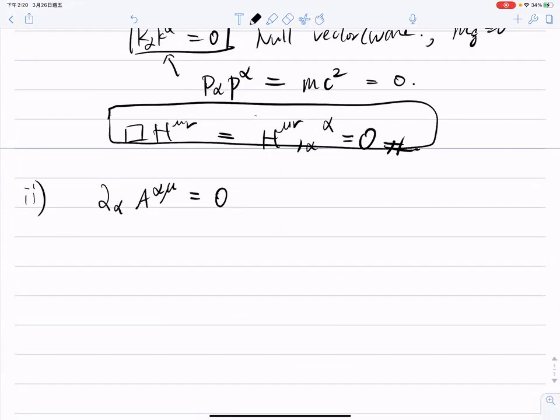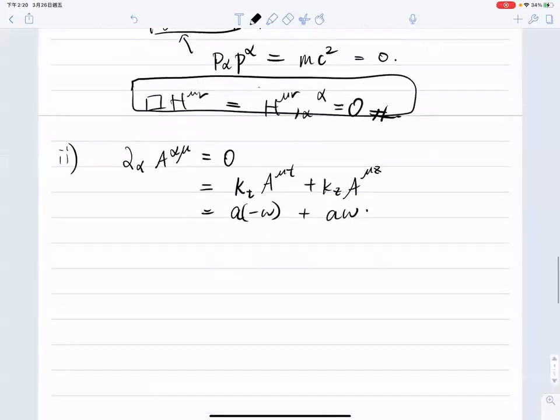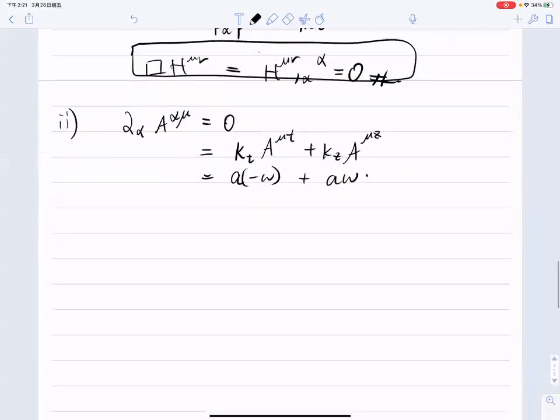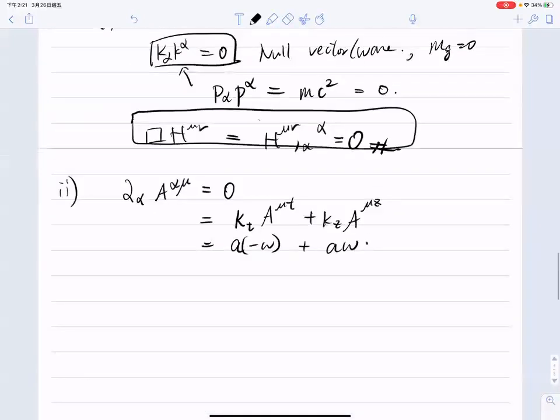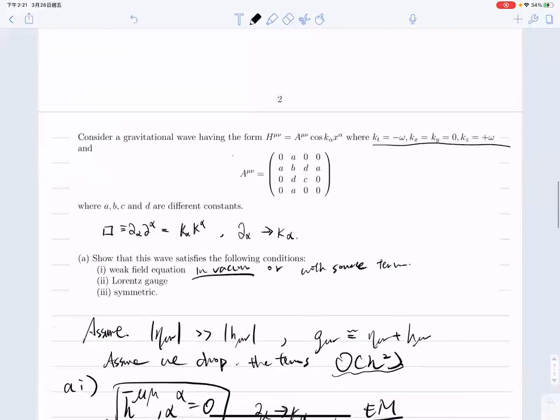Whether the solution matches the Lorentz gauge. After we expand the Lorentz gauge to check whether it is satisfied, we find the answer is very easy because we just plug in all we have of the K_t, K_z, and all the components of A mu nu, because the A matrix is just like this.